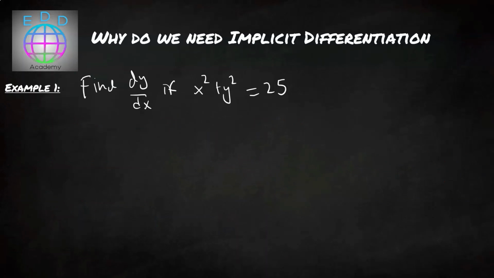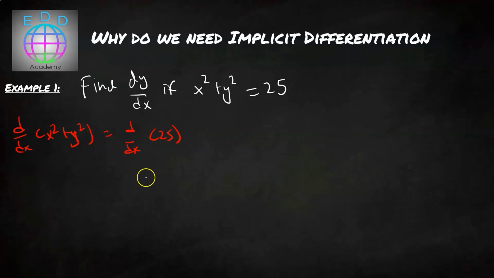Okay, so now we can look at our first example. It says find dy/dx if x squared plus y squared equals 25. Note, this is very similar to the equation of a circle that we saw a couple slides ago. So computing this derivative, like we said, we can go about that by differentiating both sides. So we have that d/dx of x squared plus y squared equals d/dx of 25.